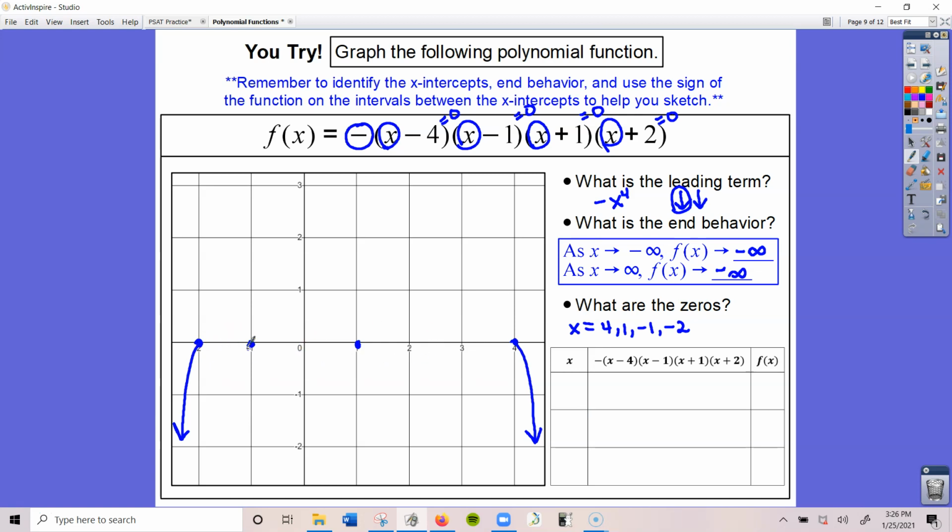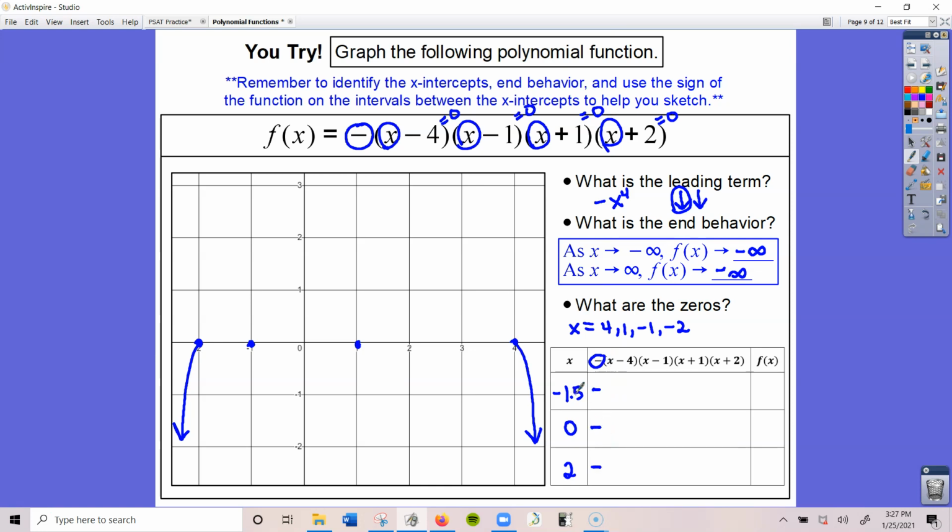So between negative 2 and negative 1, I'm going to say negative 1.5. Between negative 1 and 1, 0. And between 1 and 4, you can pick 2 or 3 or anything else, and I'm just going to pick 2. So now we're going to get the sign, keeping in mind that because of this negative, you're going to have a negative for every single one.